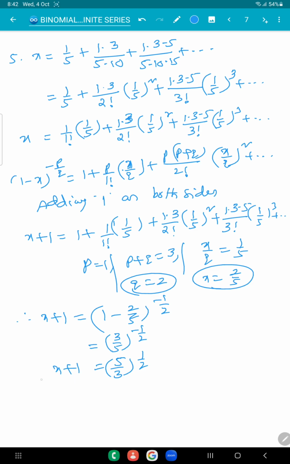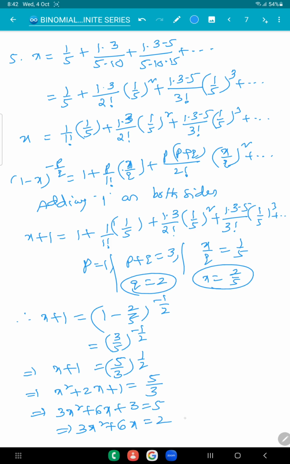This is x plus 1 only. Squaring on both sides, x square plus 2x plus 1 is equal to 5 by 3. Cross multiplication, 3x square plus 6x plus 3 is equal to 5. That implies that 3x square plus 6x is equal to 2. So hence proved.